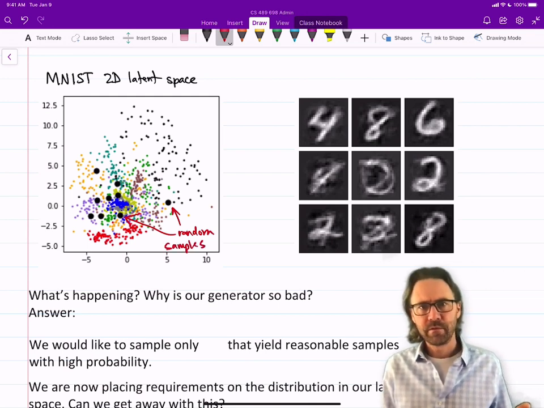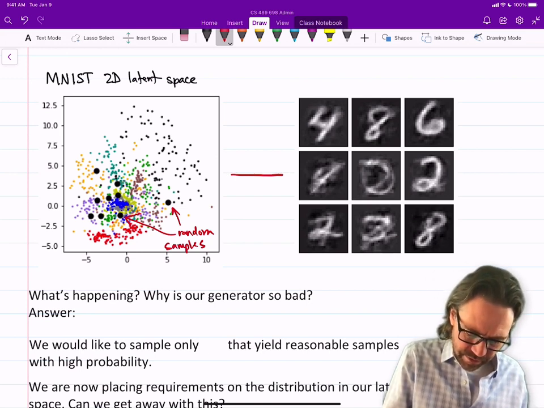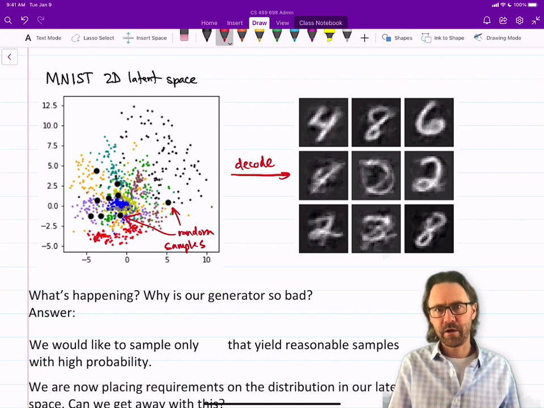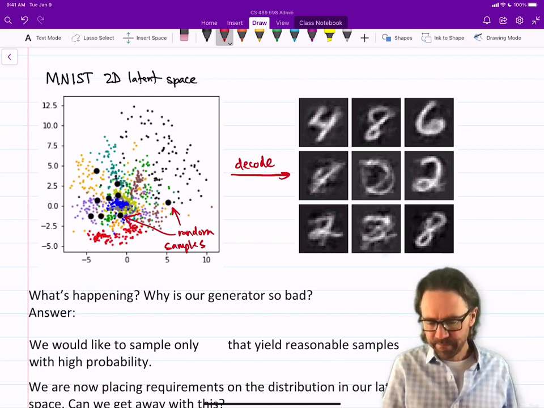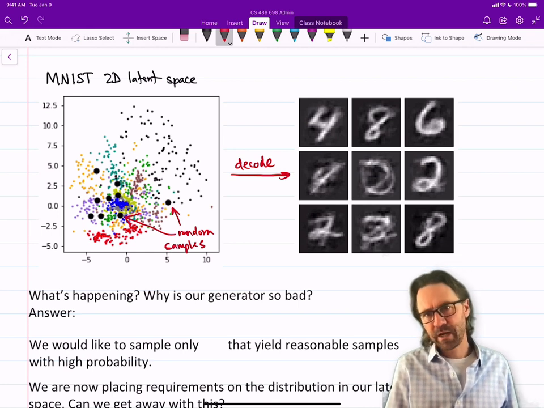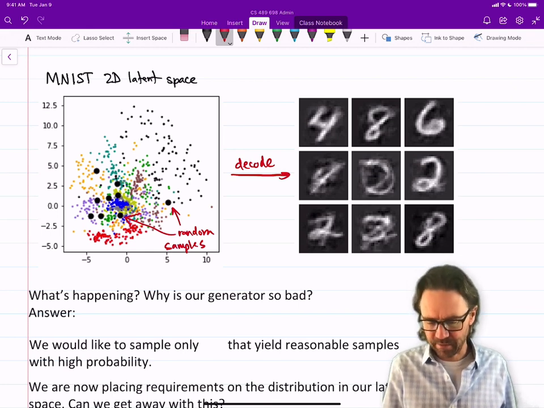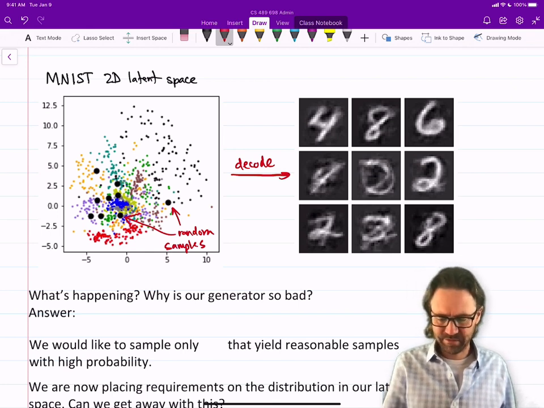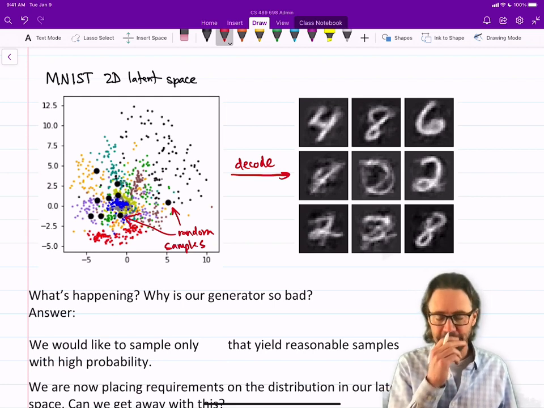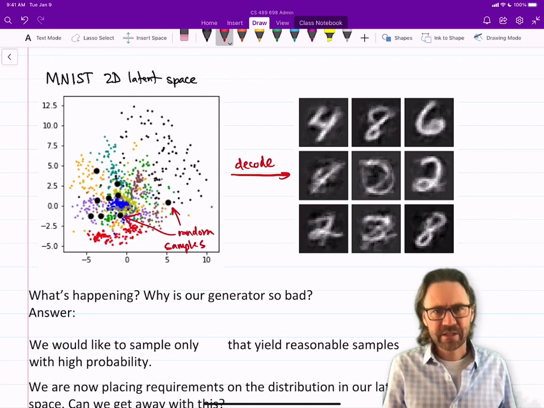I decode those random samples using the decoding part of my autoencoder. And I get things, some of which look like digits, but many of them don't look like digits. Many of them look like just wispy digit-like things. So that's not what we want.